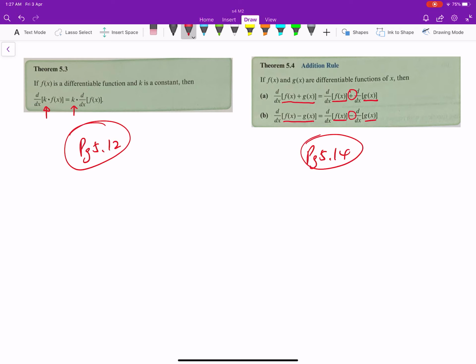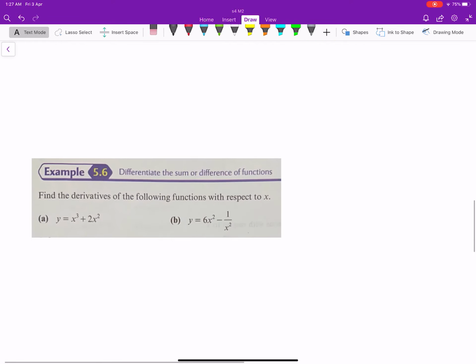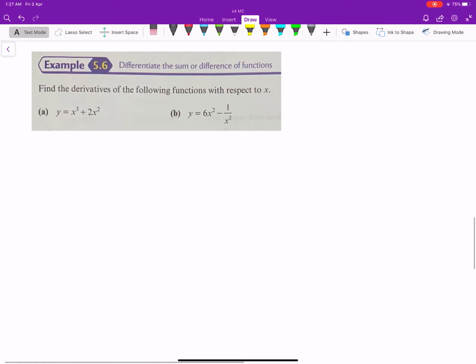If you're really interested in the proof but still can't understand it in the textbook, you can approach me and I will explain more to you. Now I would like to go to one example, and we'll end this session.